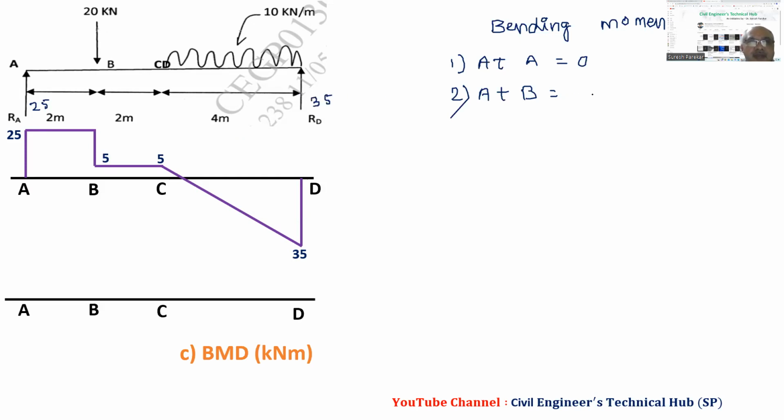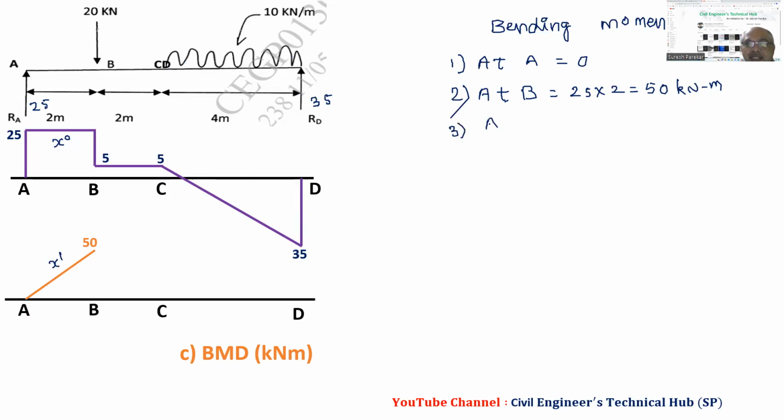So 25 into 2, we have 50 kilonewton meter. We have x to the power 0 over here, so here we have x to the power 1.